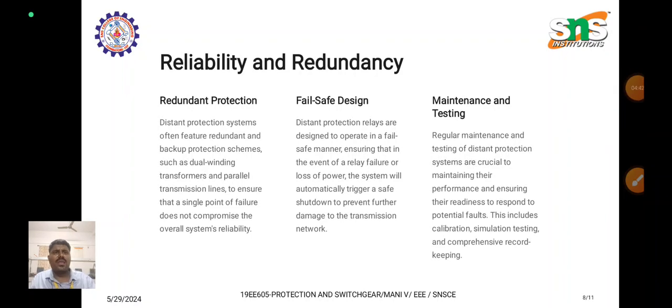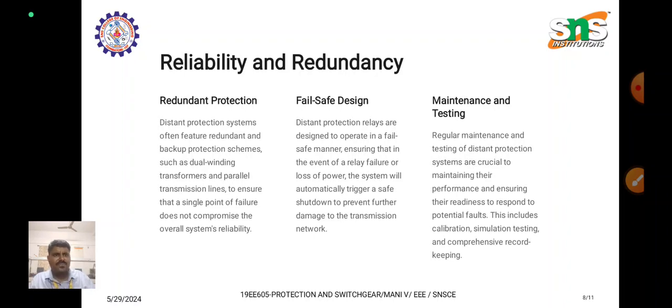And reliability and redundancy. Here the distance protection often features backup protection schemes such as dual winding transformers and parallel transmission lines to ensure a single point of failure does not compromise the overall system reliability, and fail-safe design.